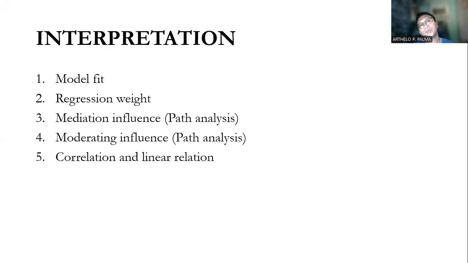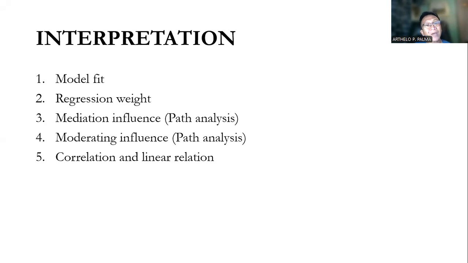Now, in the interpretation of structural equation modeling, you have to interpret the model fit. How good is the model? Even the regression weight, you want to know the exact values, how much a certain variable affects the other variable. That's the point of regression weight.